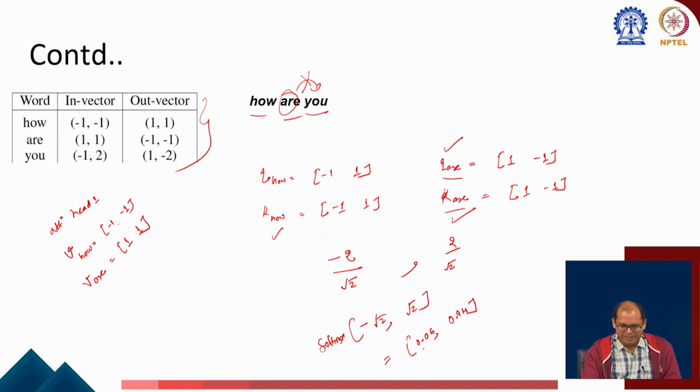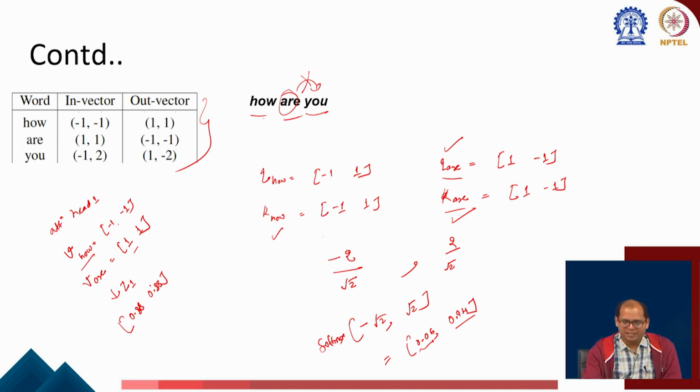I will say okay, 0.06 weightage to how and 0.94 weightage to R. So, for the first attention head, I call it G1, the output will be, I put 0.06 on this, so minus 0.06 plus 0.94 onto R. So, this comes out to 0.88, again same thing, so 0.88 is the first attention head output.